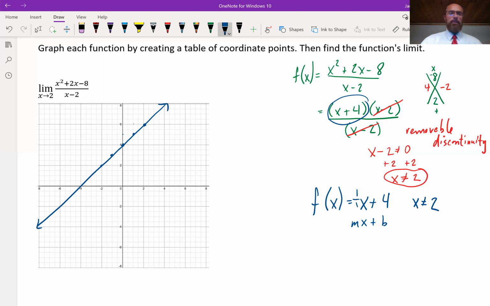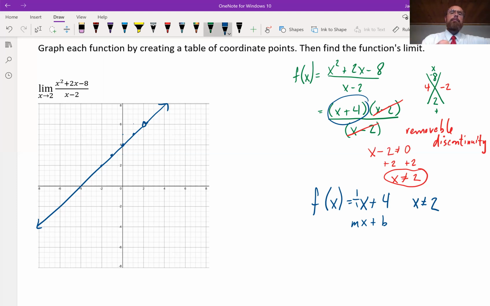Now, I'm glad that you reminded me. I've got to indicate that there is no value here at x equals 2. So I'm going to erase a little gap there. It's really kind of an overestimate. In fact, on a calculator, one of the things you'll see is that it doesn't show that gap. It'll just look like the line's continuous there. But there is a removable discontinuity.